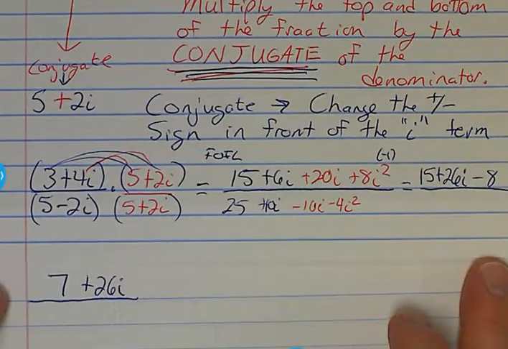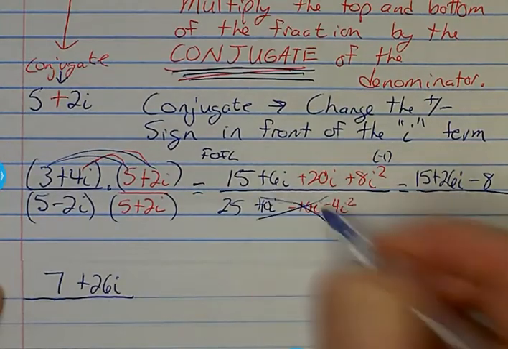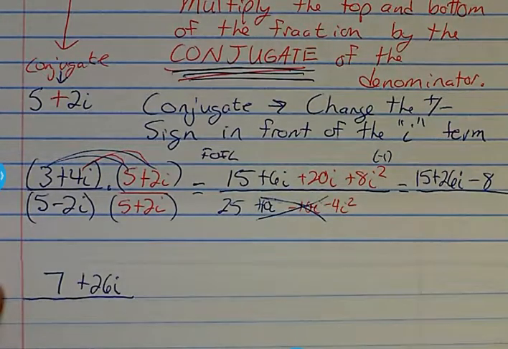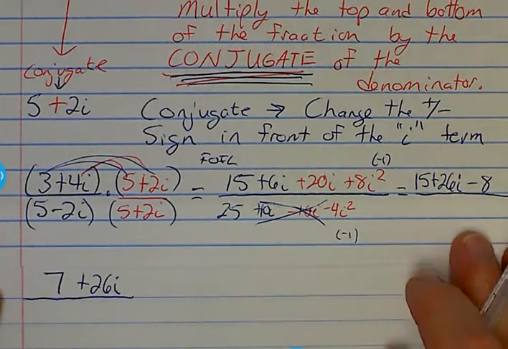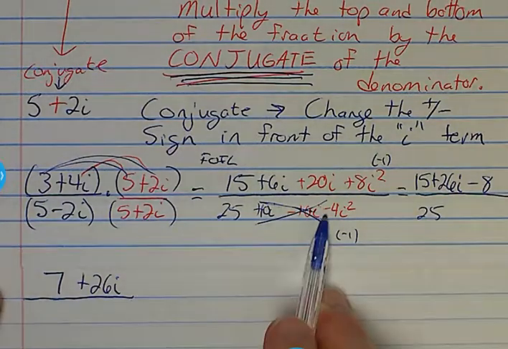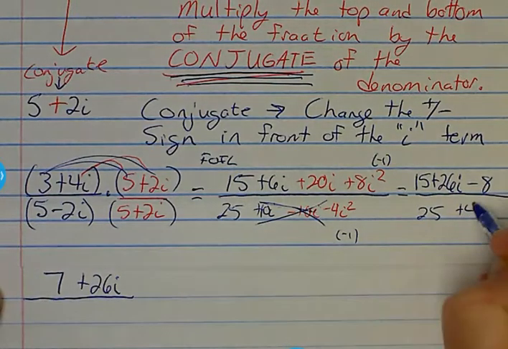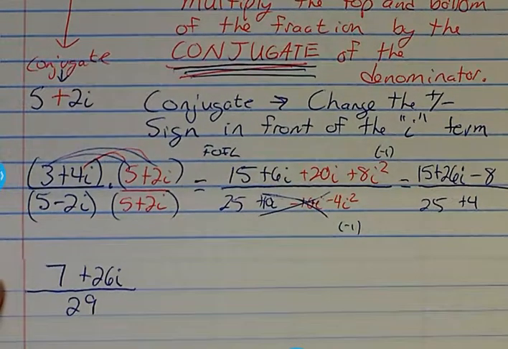Okay, and every single time you do the conjugate, these two things in the middle always knock each other out, so those parts are gone. And if you take the I squared out and replace it with negative 1, well, that's going to be 25. Negative 4 times negative 1 is going to be a plus 4. So that's going to make it just a 29 on the bottom.